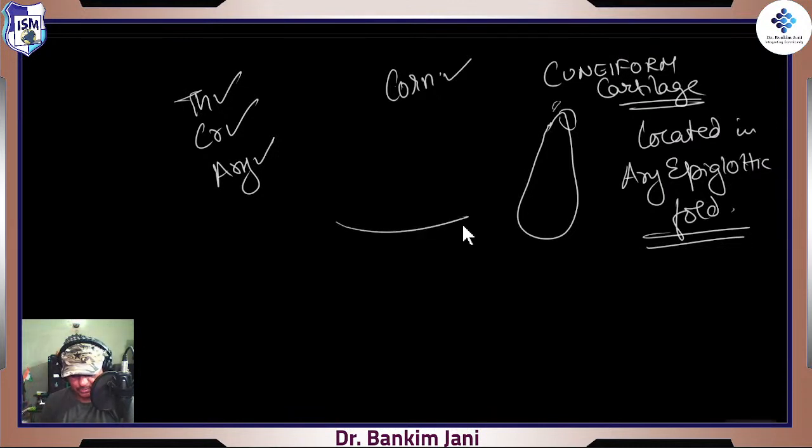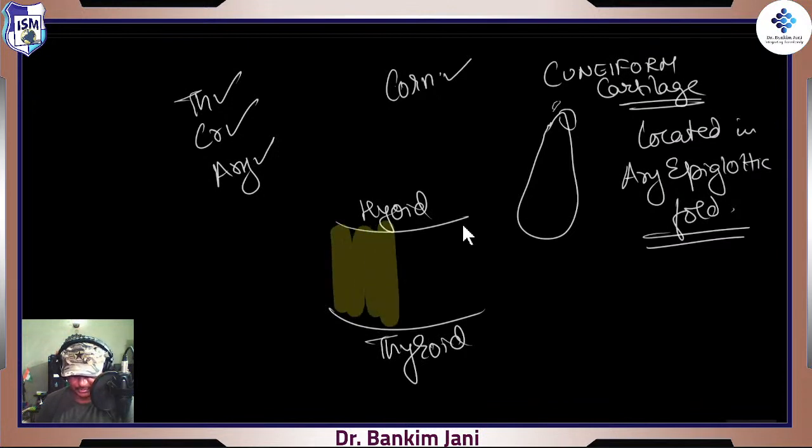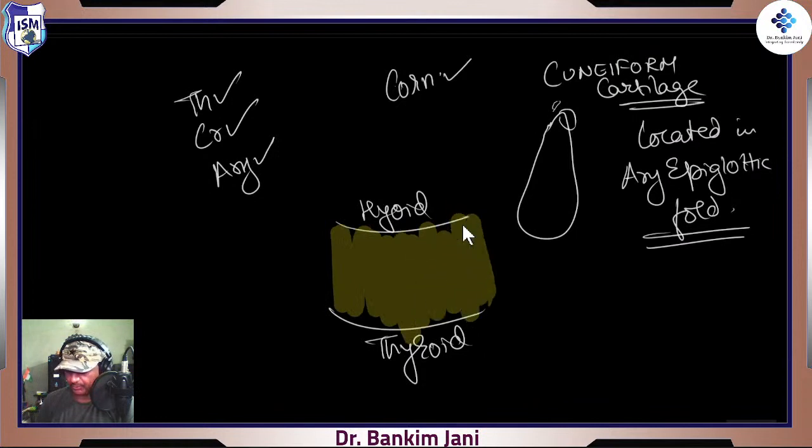And then this was the hyoid, correct? That was the hyoid, and below that there was the thyroid. In between thyroid and hyoid there was the thyrohyoid membrane, correct? And on the lateral aspect, on this free edge, sometimes you will get this cartilage.